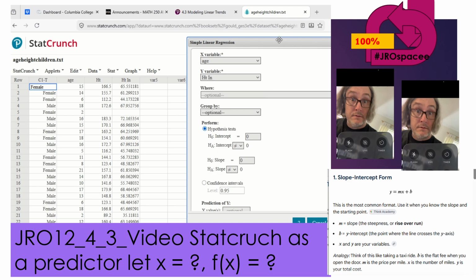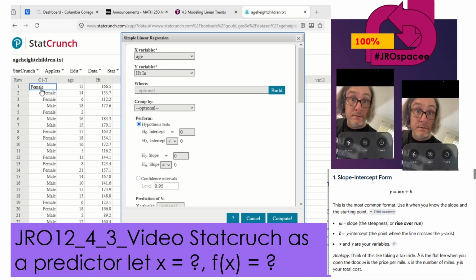All right. Now, since we have two categories, this is one thing that StatCrunch does pretty easily, and that is being able to group by the categories of the variable. The variable, when we're talking about StatCrunch, is the column head.